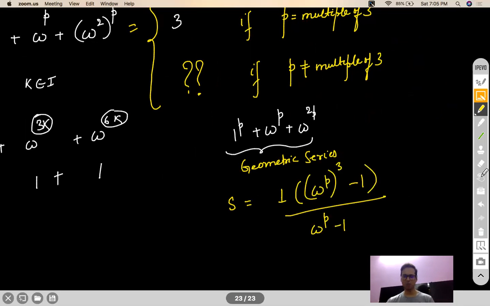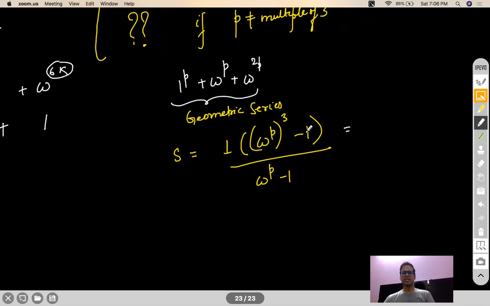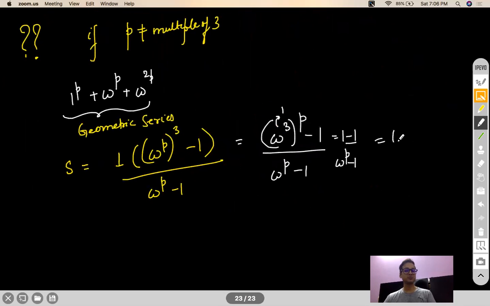Geometric series formula. Now, can I not write this as omega to the power 3 to the power p minus 1 by omega to the power p minus 1? Isn't this guy 1? So 1 to the power p is 1 only. 1 minus 1 by omega to the power p minus 1. So your answer will be 0.